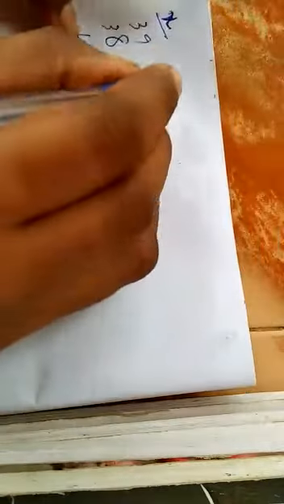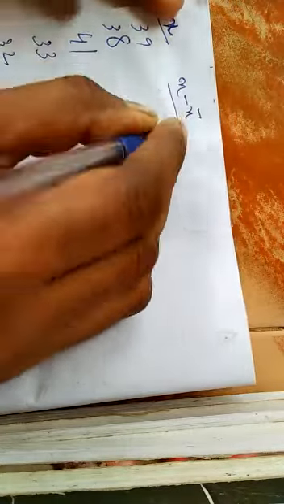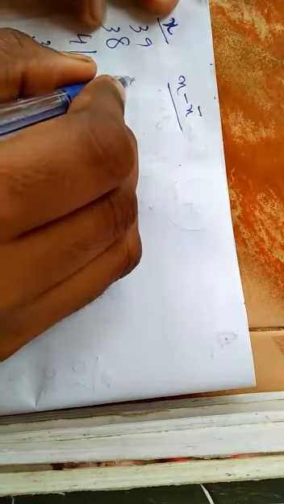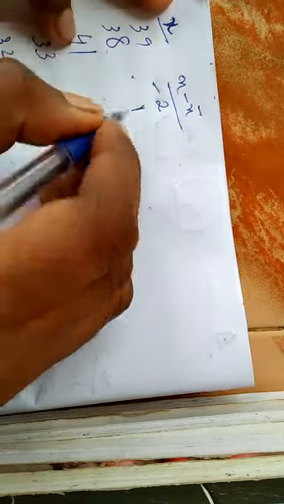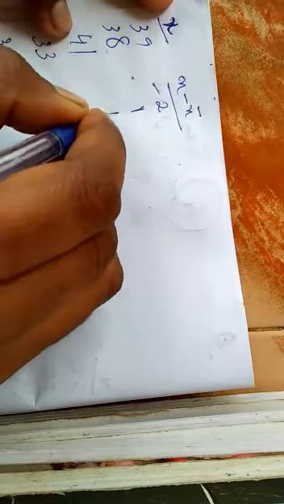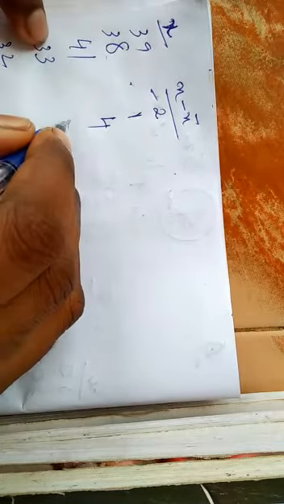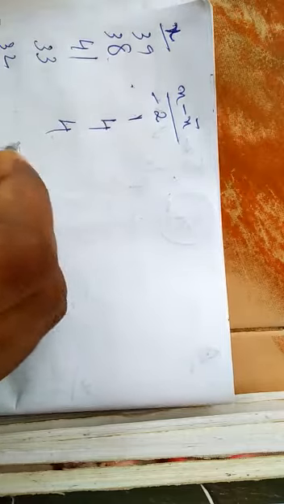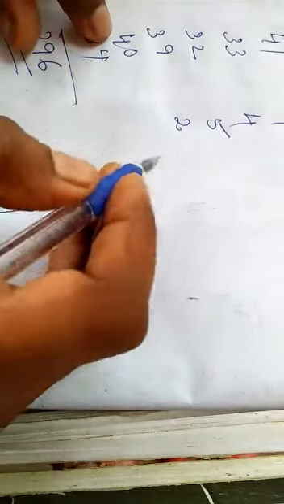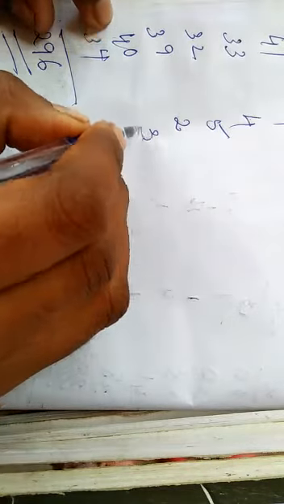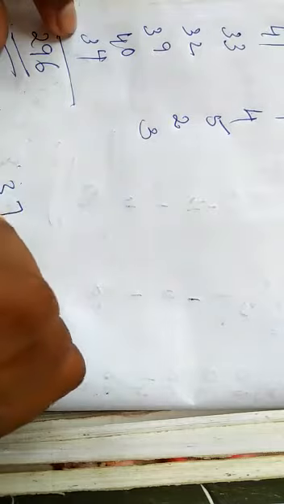Next you take x minus x bar: 39 minus 37 is 2, 38 minus 37 is 1, 41 minus 37 is 4, 33 minus 37 is minus 4, 32 minus 37 is minus 5, 39 minus 37 is 2, 40 minus 37 is 3, 34 minus 37 is minus 3.